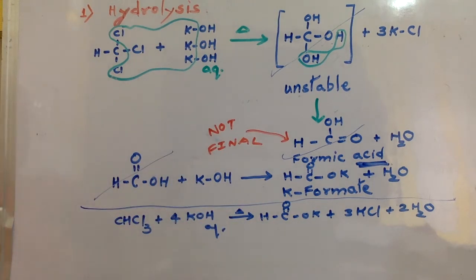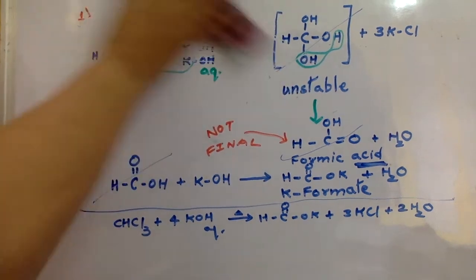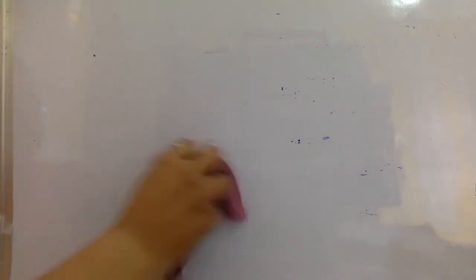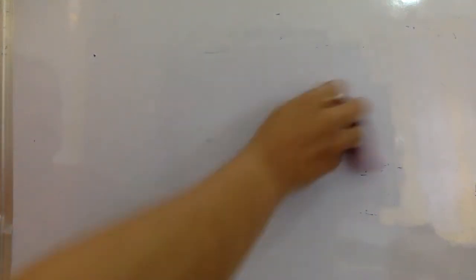Now let us see the next chemical property of chloroform or haloform or the trihalogen derivatives. The next chemical property is oxidation. So let us see what is obtained when chloroform is oxidized.